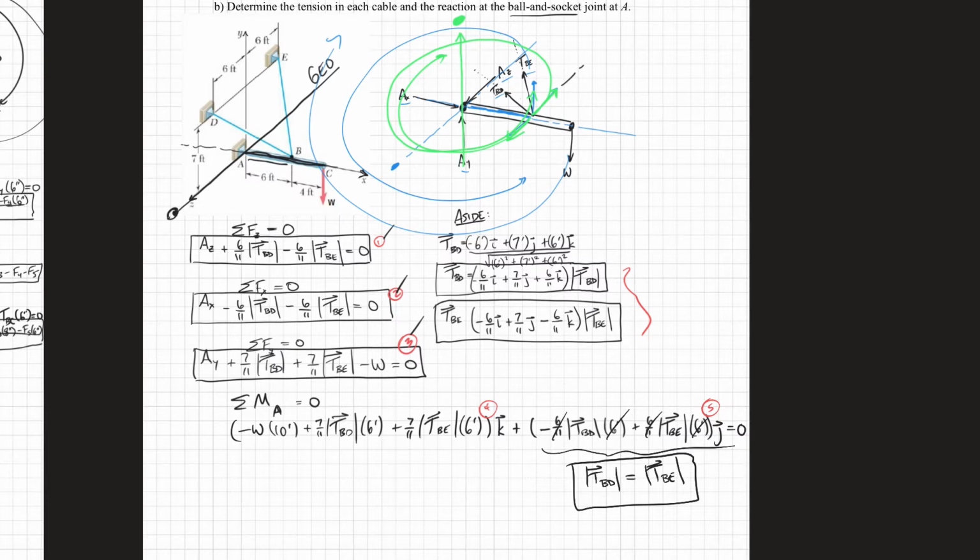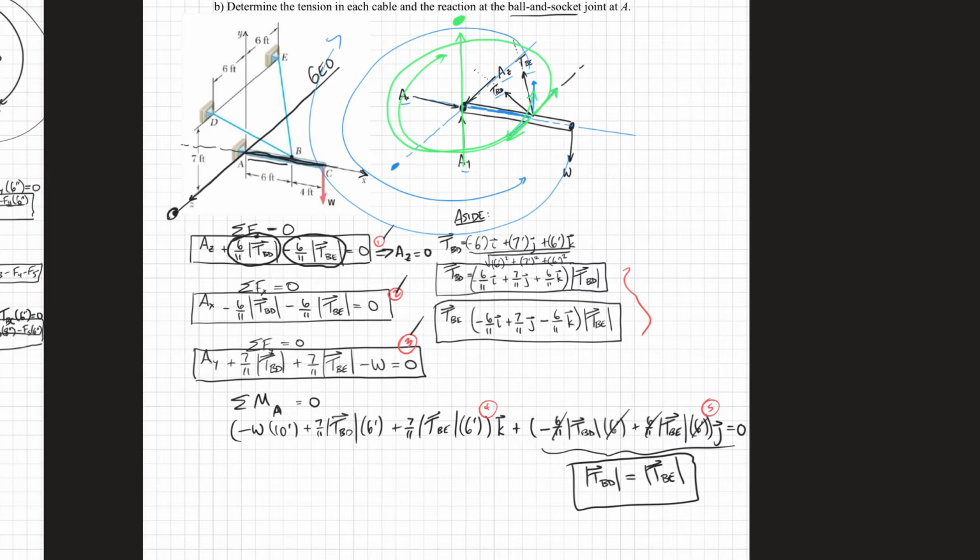While that doesn't give us any values, it does help us solve some of the other problems. For starters, I can go up to equation 1, and if TBD equals TBE, then this bit right here cancels with that bit, right? 6/11 TBD minus 6/11 TBE. If they're the same thing, it goes away. So AZ equals 0.